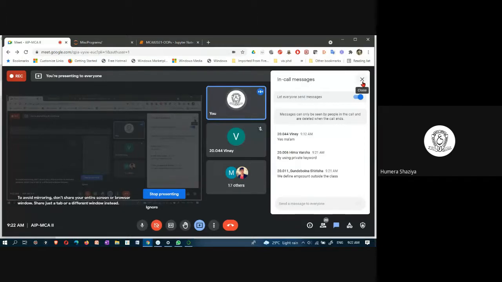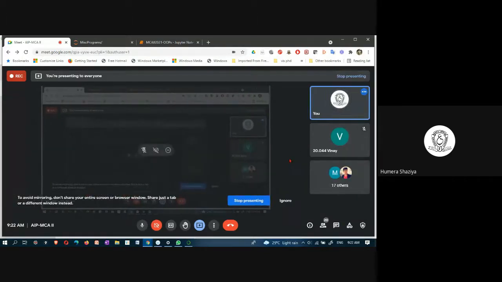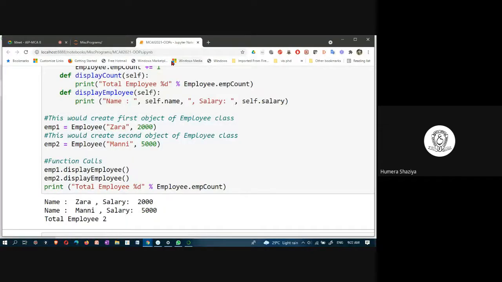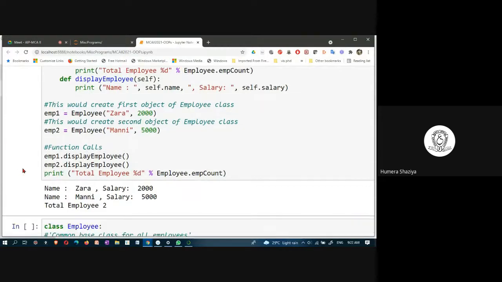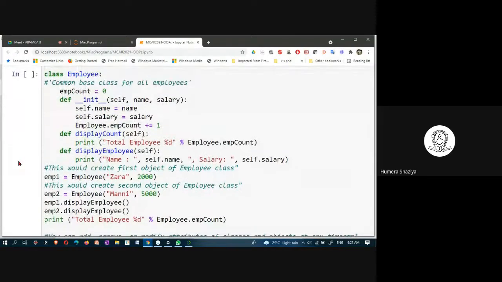How can you perform the same function in Python? Okay, think about it. Local variable, ma'am, which you need to define inside the.